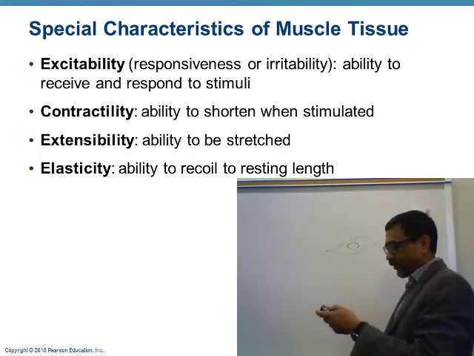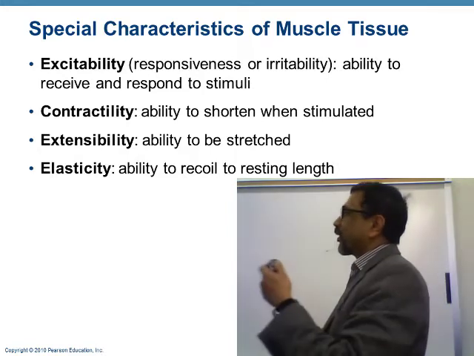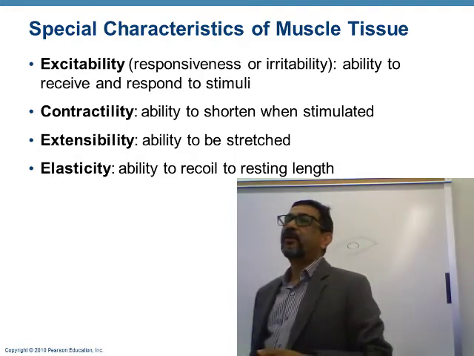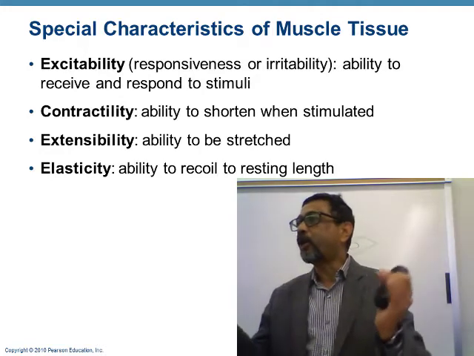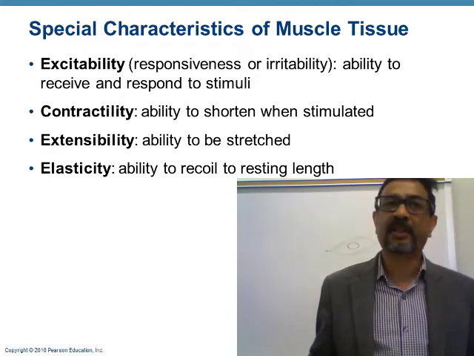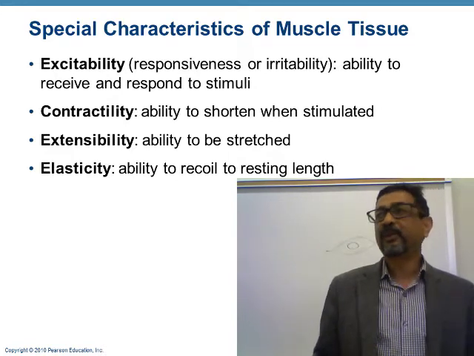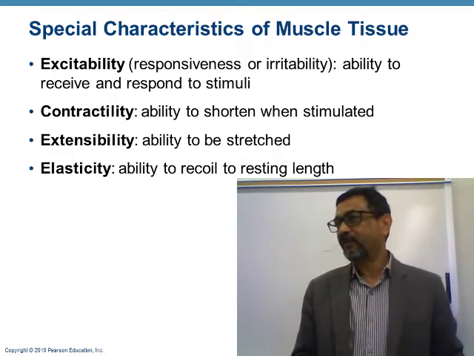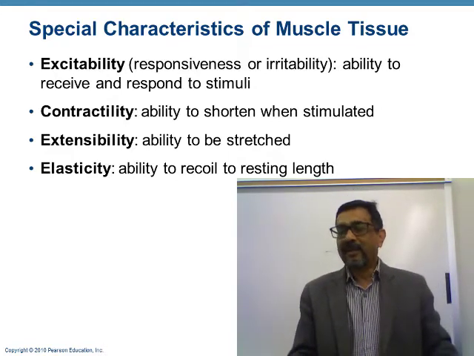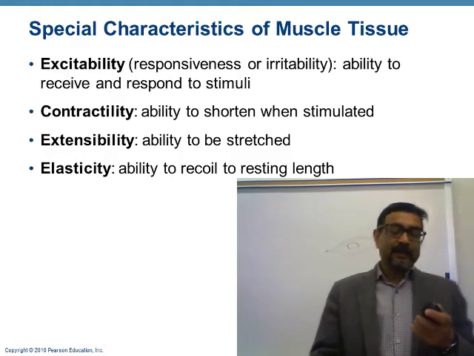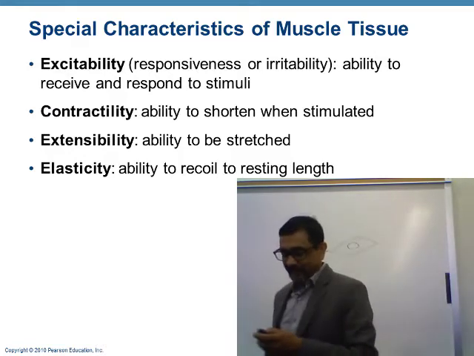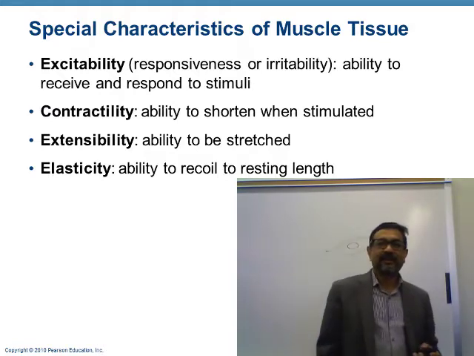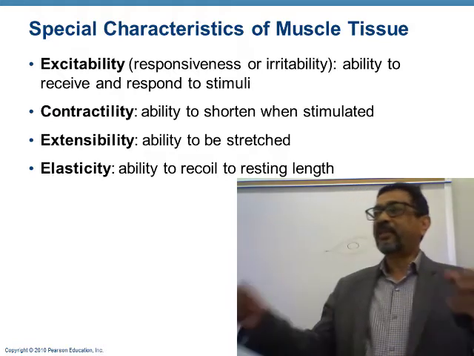So how does the muscle respond? By showing contraction, and that ability to get shorter is called contractility. The ability to get shorter. And extensibility is the ability to get stretched.